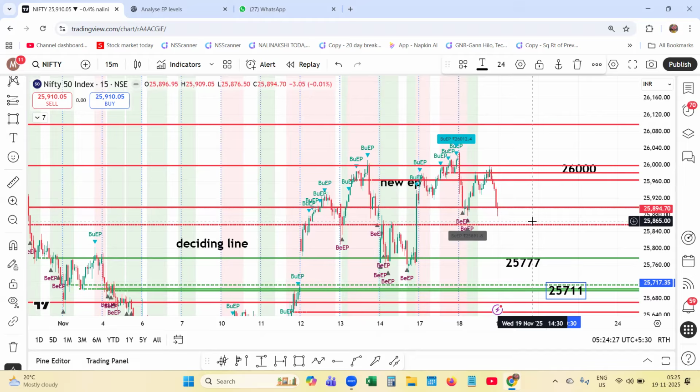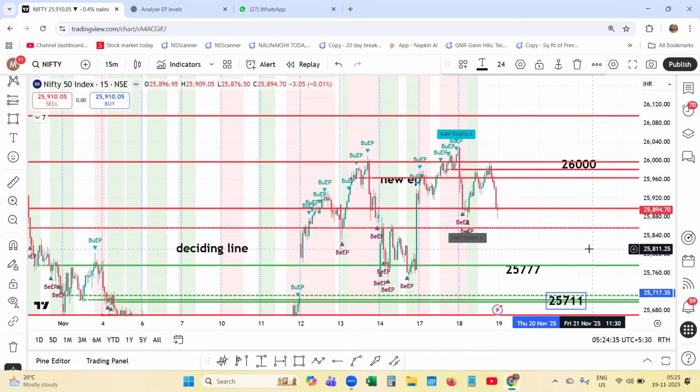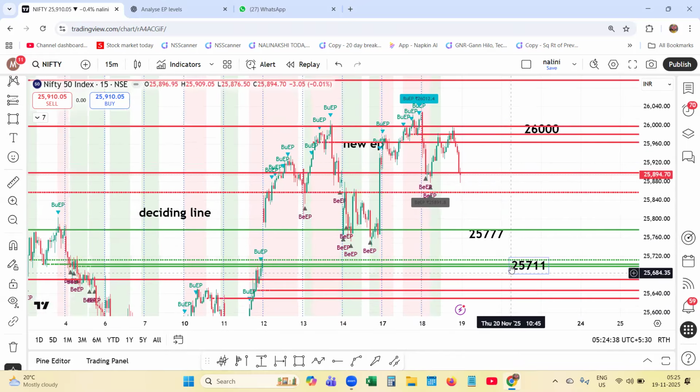Think of it like a central government decision. The direction of the market is taken by the central government, the longer term people. So these are the longer term support levels and these are the longer term resistance levels.